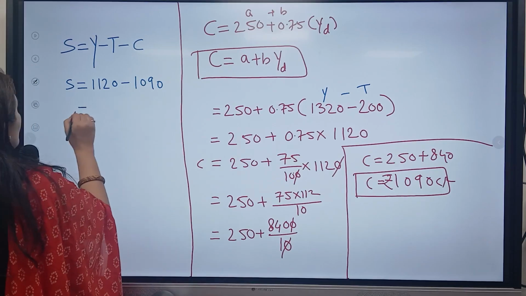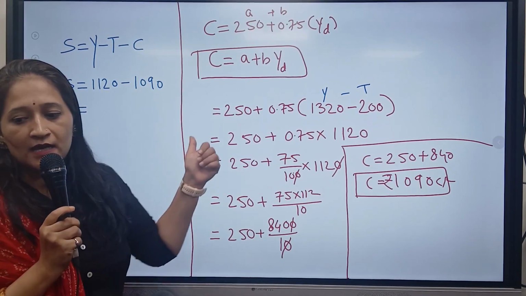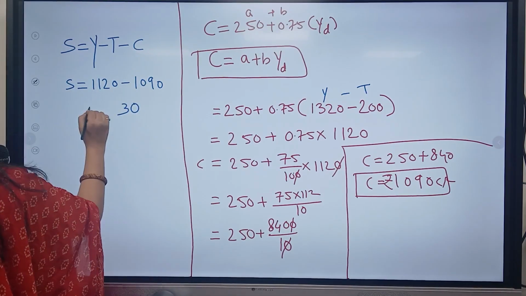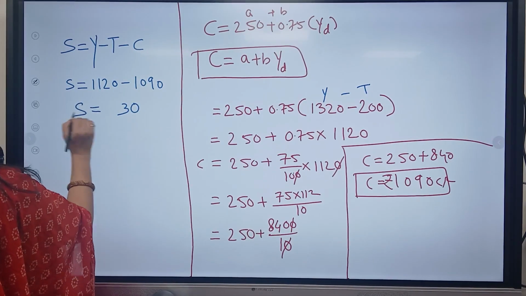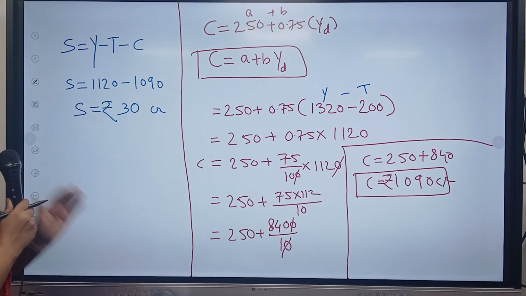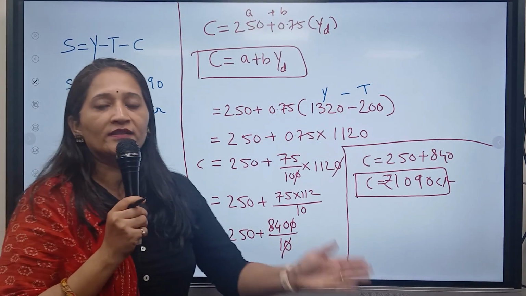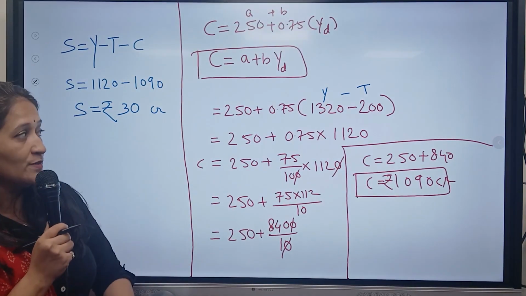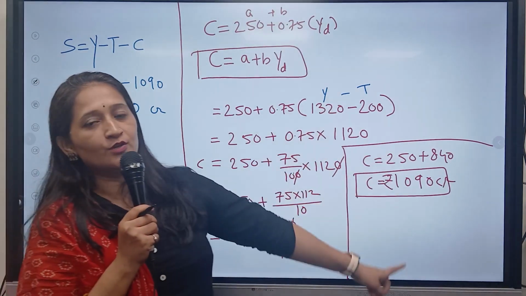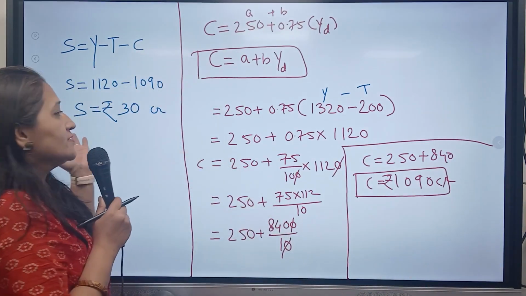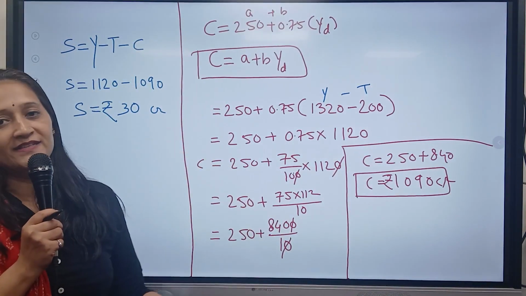So when we solve this, we get the answer as 30 crore rupees. So when the consumption is 1090 crore, out of total disposable income of 1120 crore, whatever amount is left is private sector savings, which is nothing but 30 crore rupees.